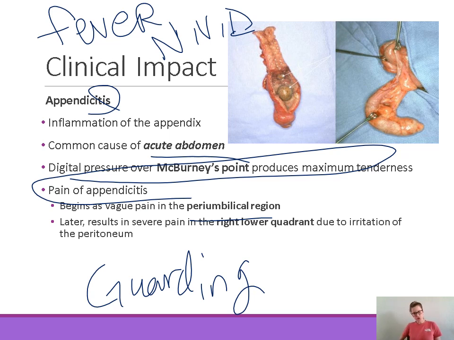So that's referred pain. There's referred pain to the periumbilical area. Later, it results in severe pain in the lower right quadrant due to irritation of the peritoneum in that area. And again, that's the McBurney's point area where the pain is.